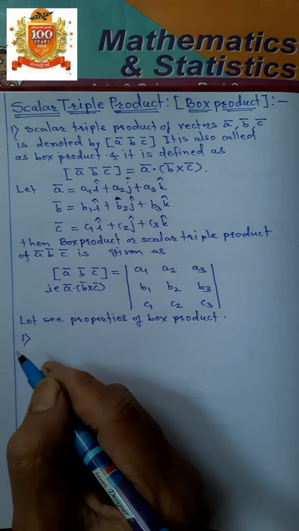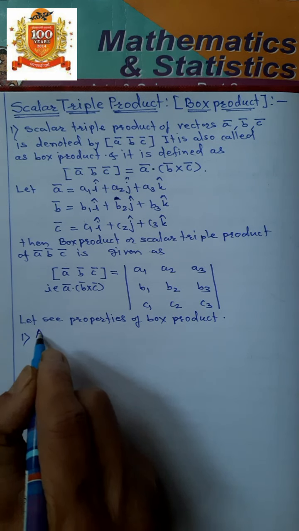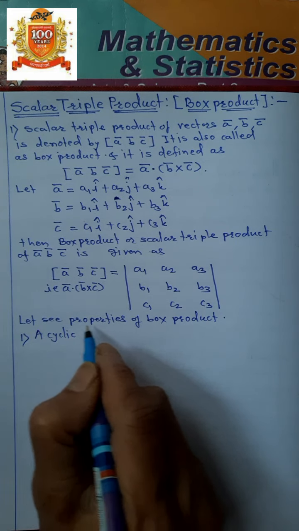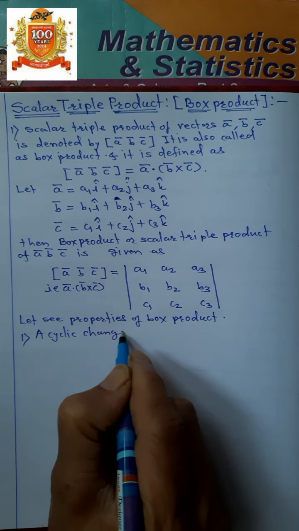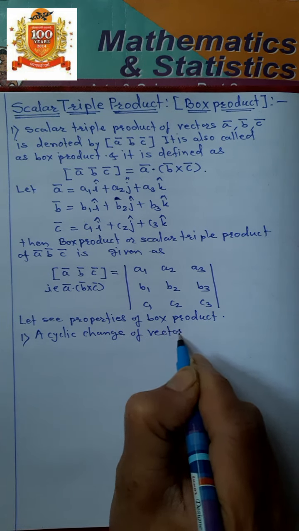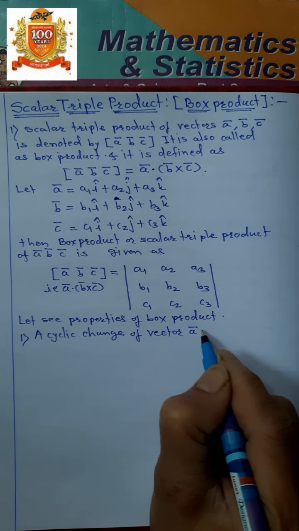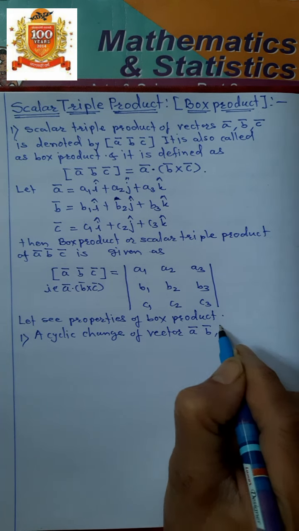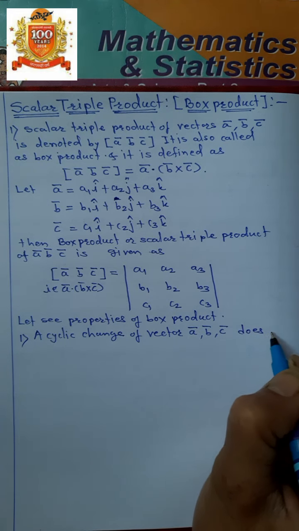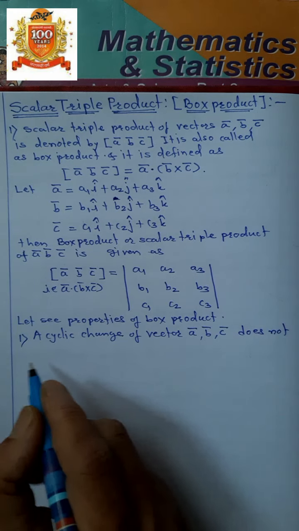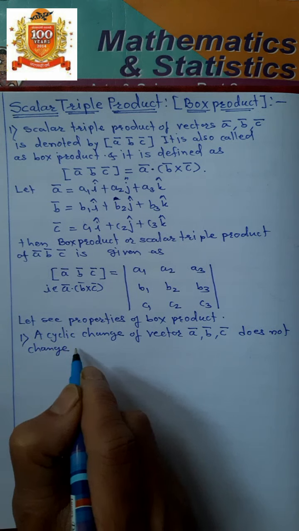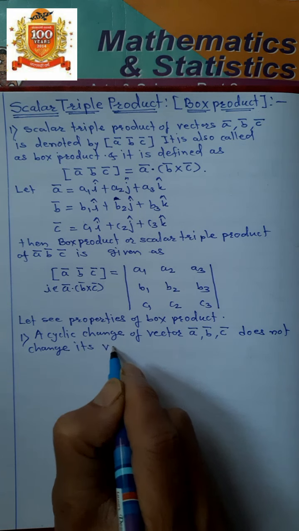One, a cyclic change of vectors a bar, b bar, c bar does not change its value.